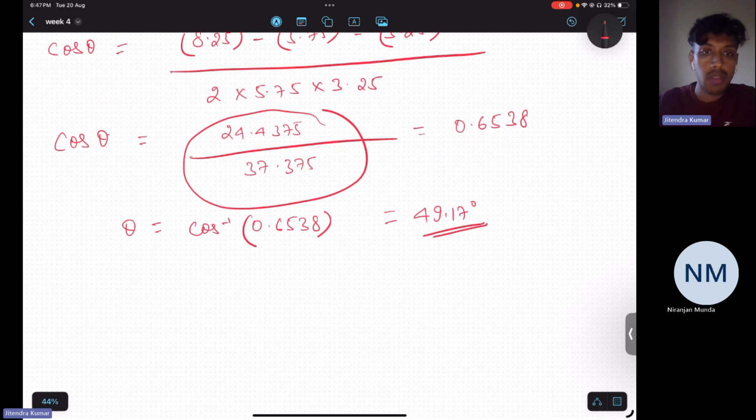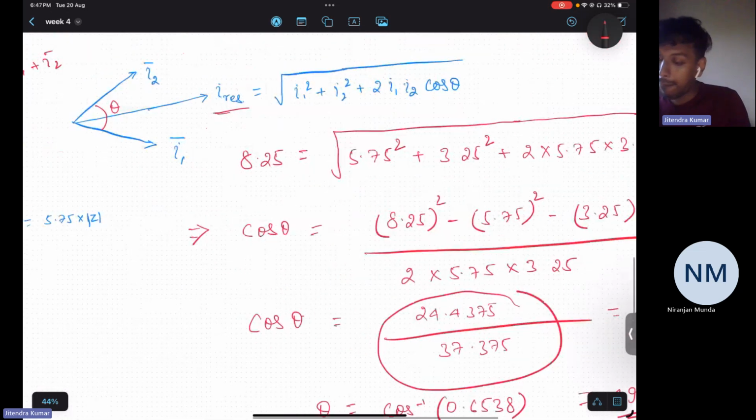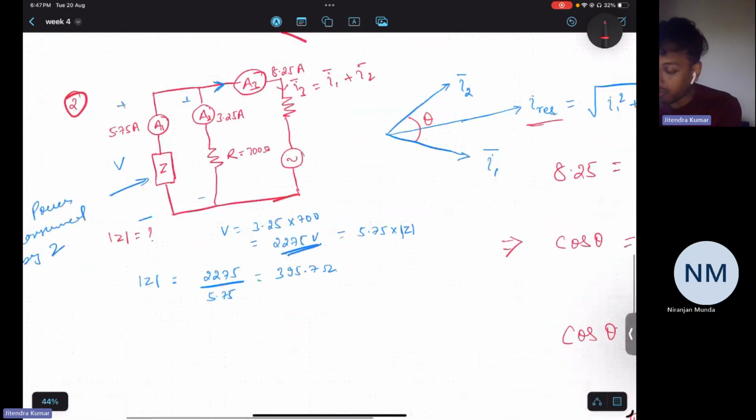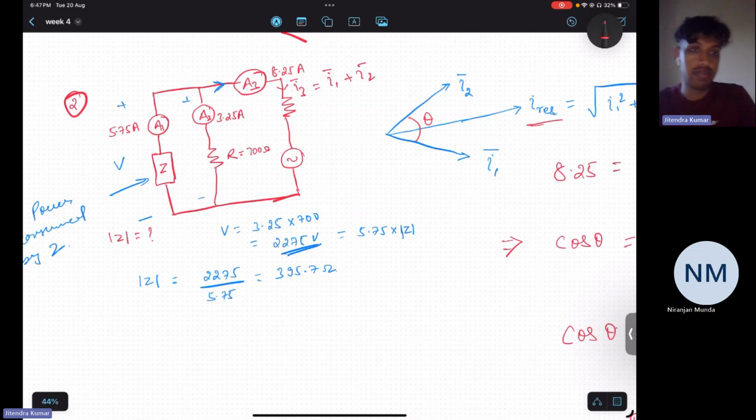Okay, so we calculated cos theta. Now we need the power consumed by this impedance.